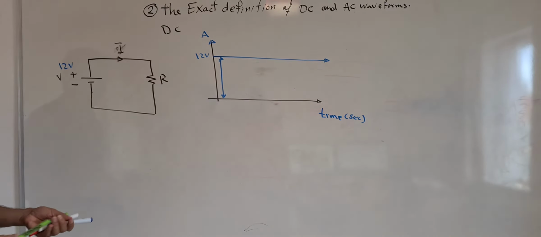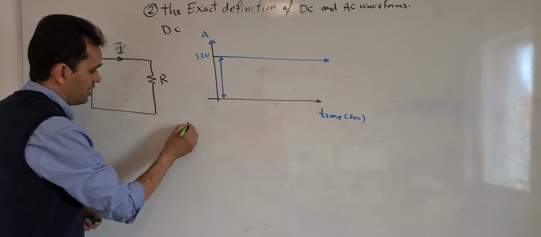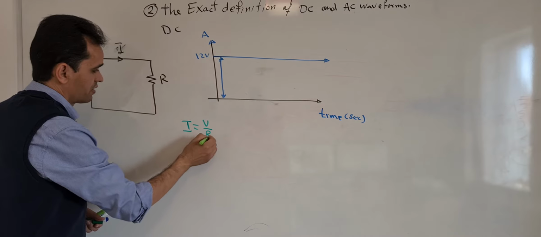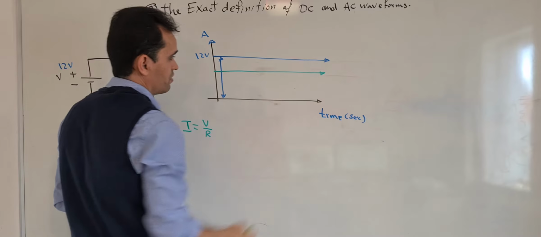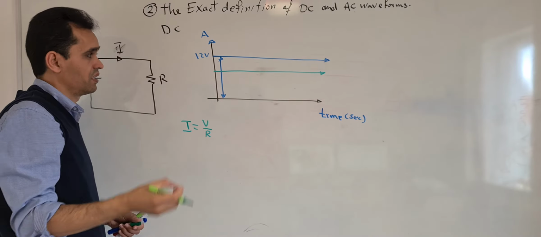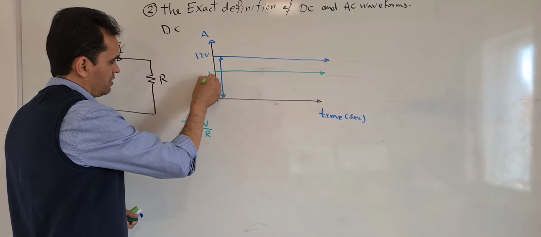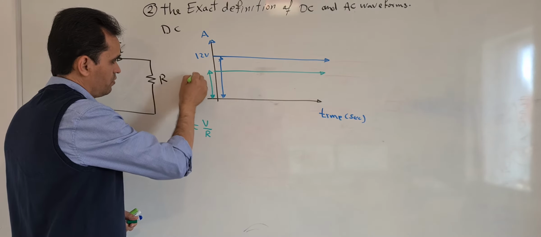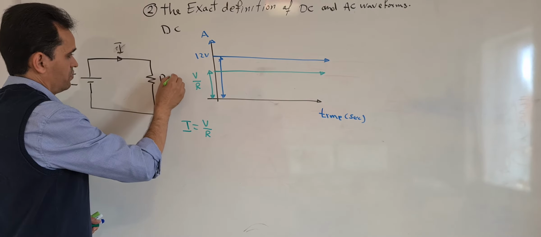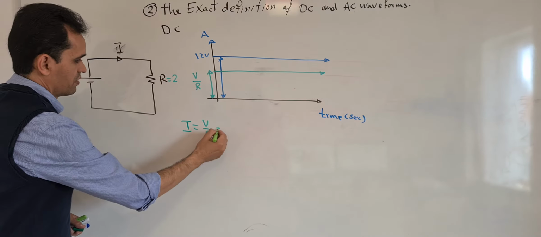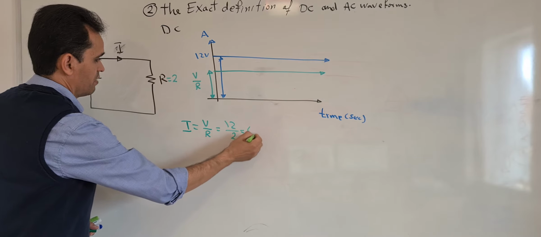Now let's look at the current. The current based on Ohm's law, I is equal to V divided by R. So the current will also be similar to the voltage. It has a fixed magnitude or amplitude and one direction. So now the current here will be V divided by R. For example, if R is 2 ohm, the current will be 6 ampere.